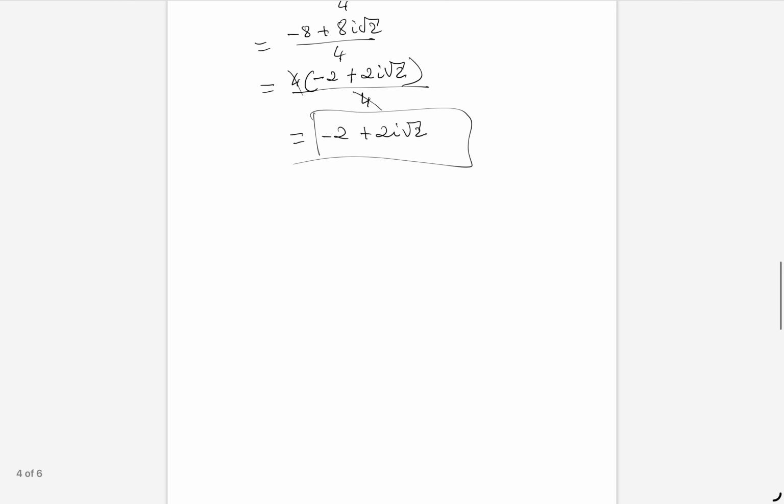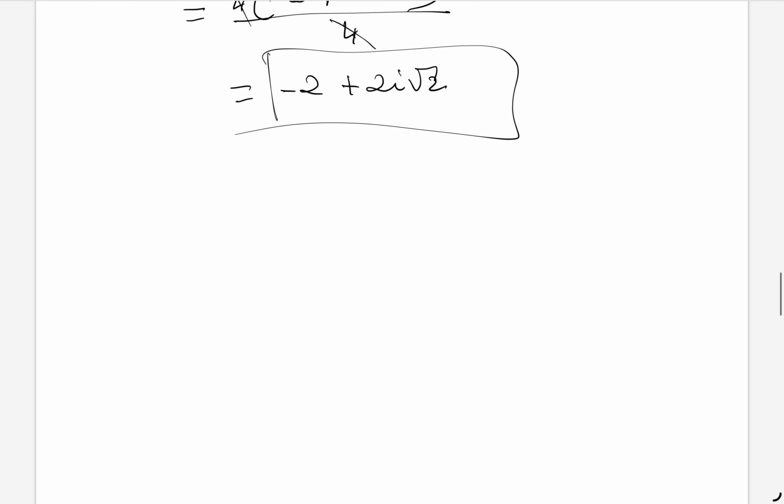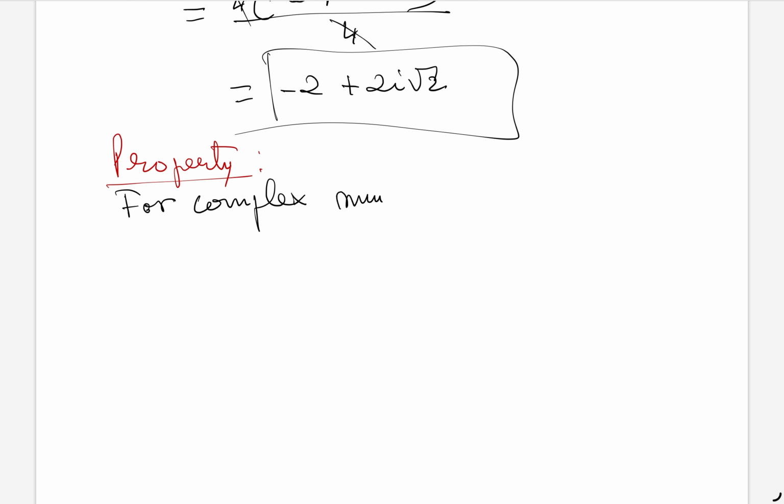If you have a property, let's do a couple of properties for complex numbers, a plus bi and c plus di.